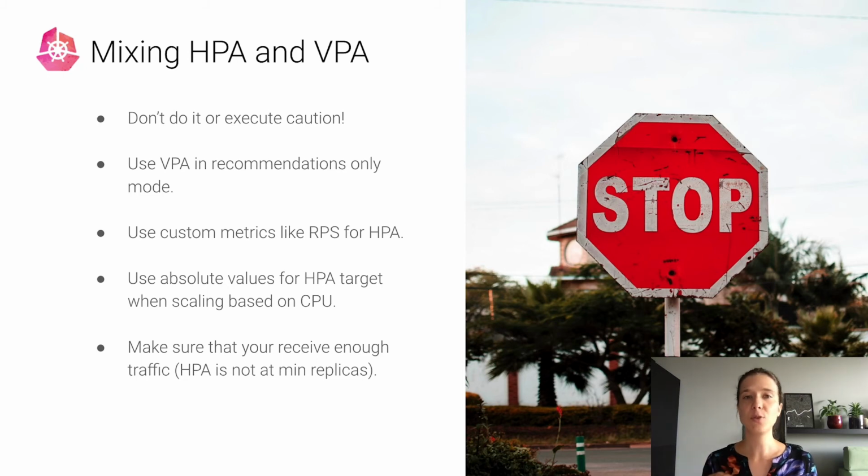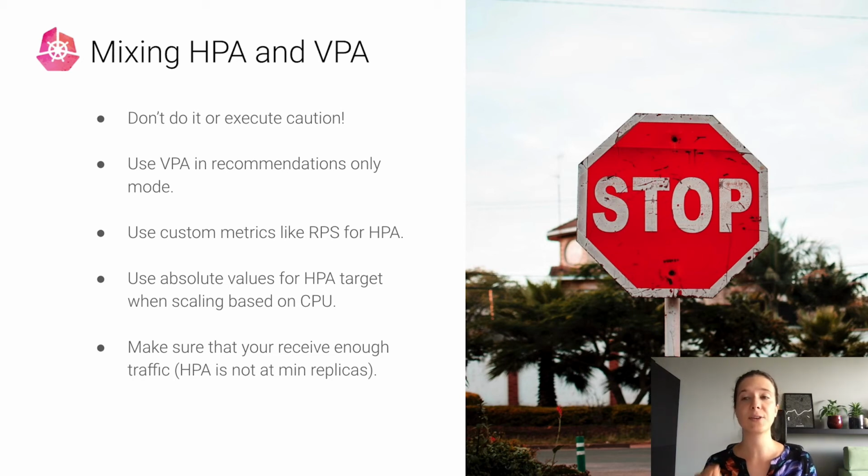The options that you do have is to either use custom metrics for HPA, like requests per second, or use absolute values for HPA targets if you want to scale on CPU. And you should always make sure that HPA gets enough traffic.